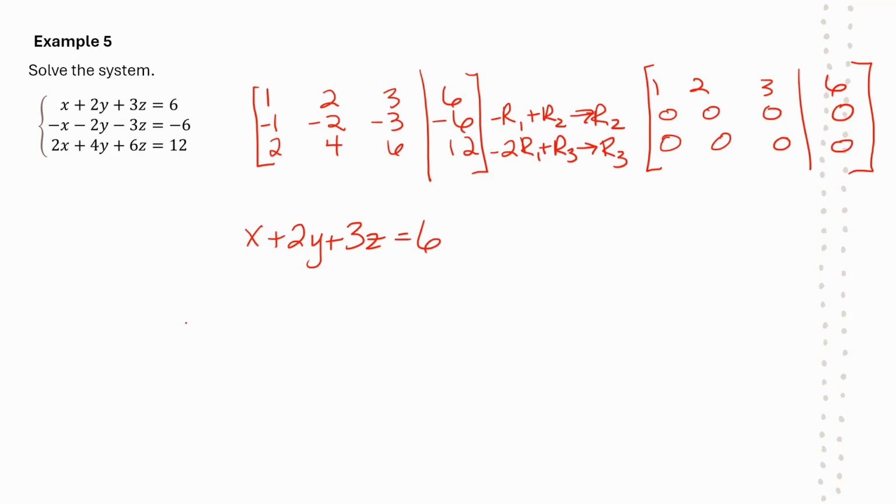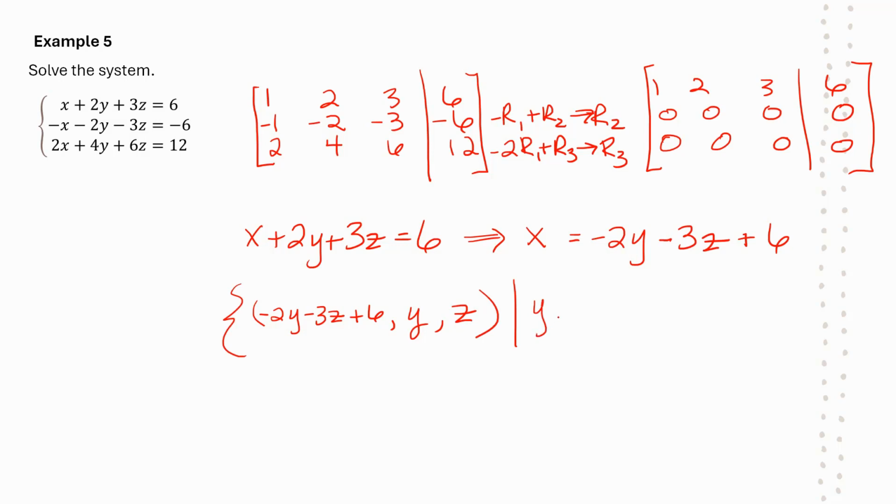And so there's a couple ways you can write the solution. You could write x in terms of y and z. So you could write -2y minus 3z plus 6 for your x-coordinate, and then y and z are all y and z in the reals.